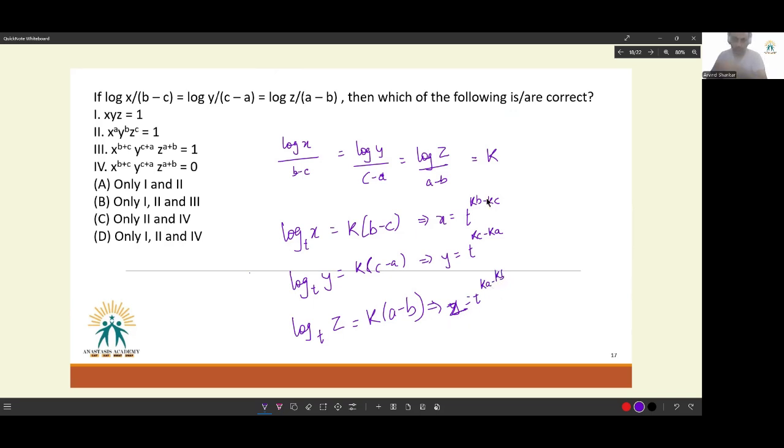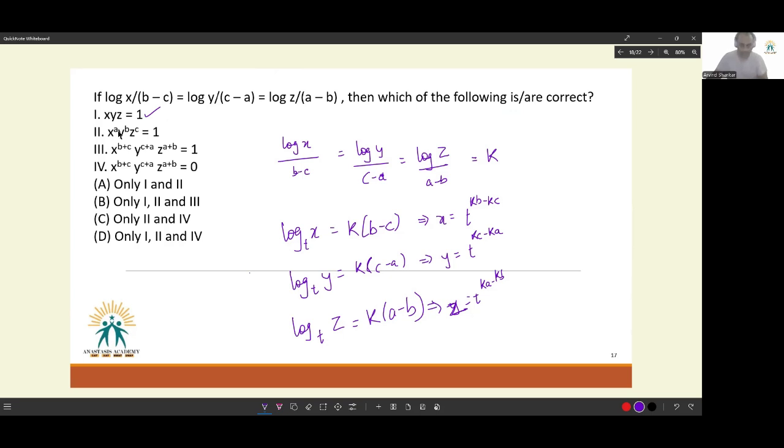So if I get x into y into z now, which of the following are correct? First one I'm checking, x into y into z. If I multiply all these, the powers of t will add up. This plus kb will cancel out with this minus kb. This minus kc will cancel out with this plus kc. This minus ka will cancel out with this plus ka. So xyz being equal to 1 is valid. This is most definitely true.